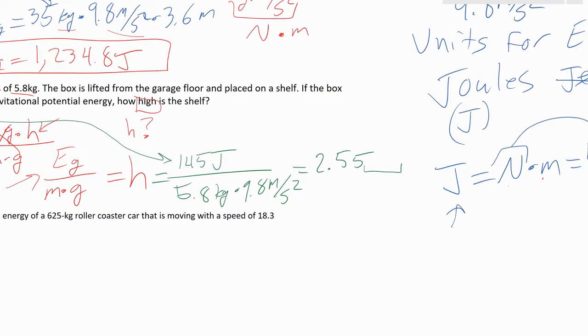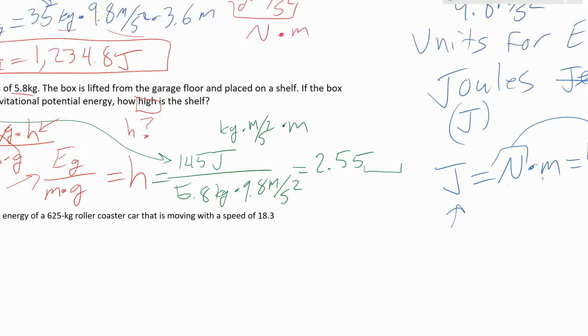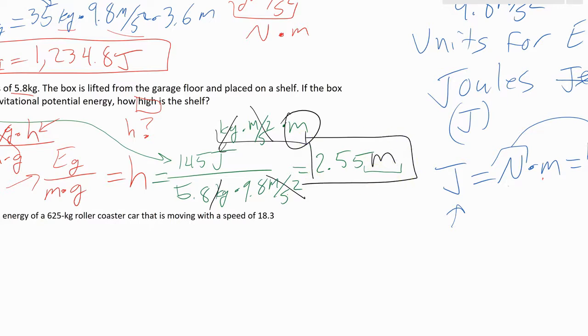So all of this is a joule. I've got kilograms on the top and the bottom, so those go away. I've got meters per second squared and meters per second squared. And there you go, I'm just left with meters. So that means that we did the problem correctly.